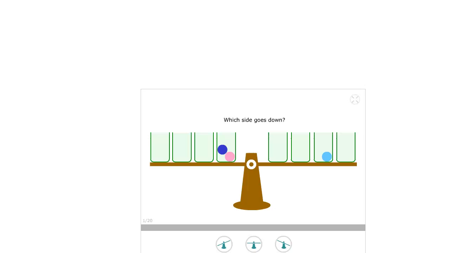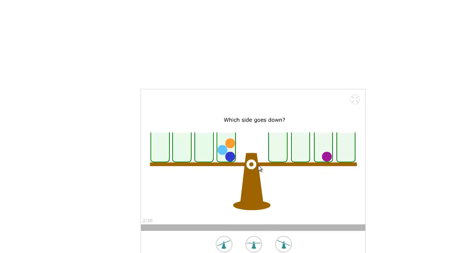So Rule 1 only looks at the weights. 2, 1, it's going to go this side. And they'll get it wrong. 3 to 1, they'll predict that this side goes down, and they'll get it wrong. Now let's use Rule 4. Rule 4 is multiplication. They always get it right.